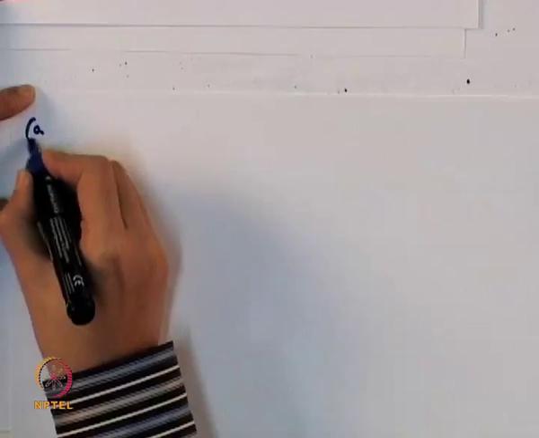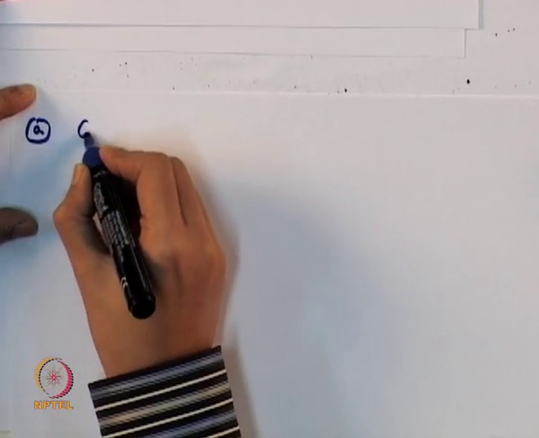So, these 5 problems we have to solve. Let us start one by one. So, first, what we have to find out? We have to find out the overall loop gain.